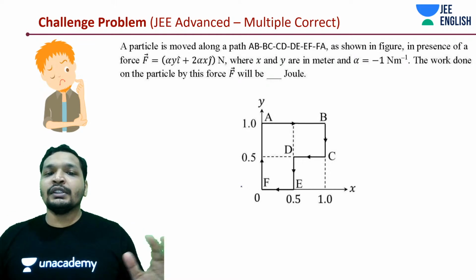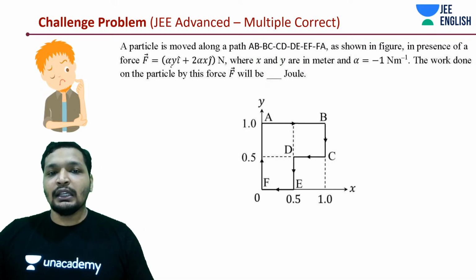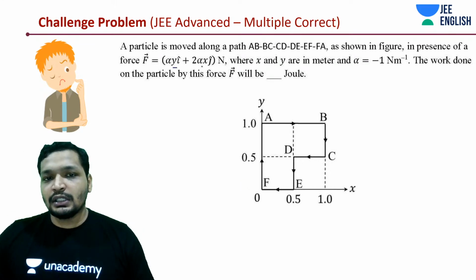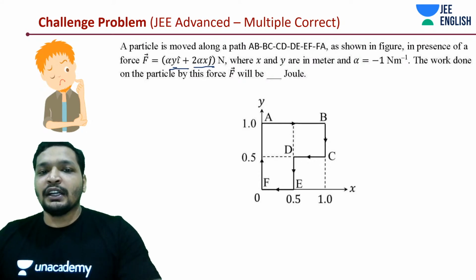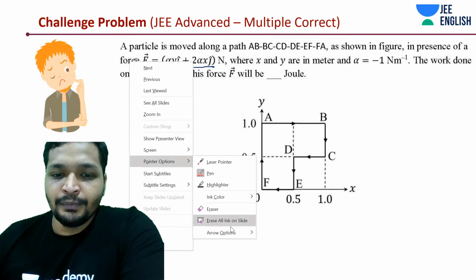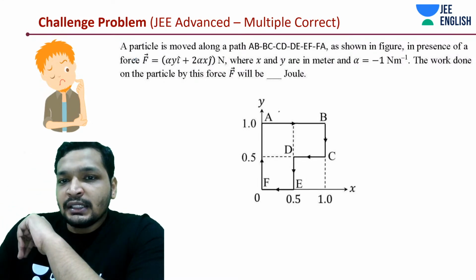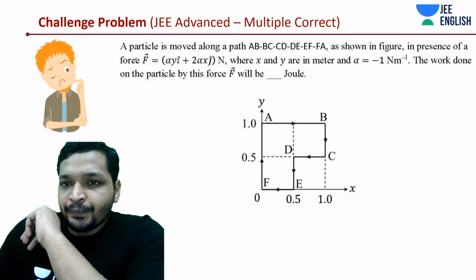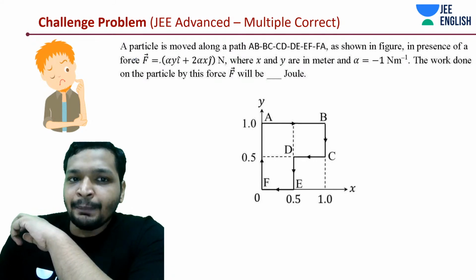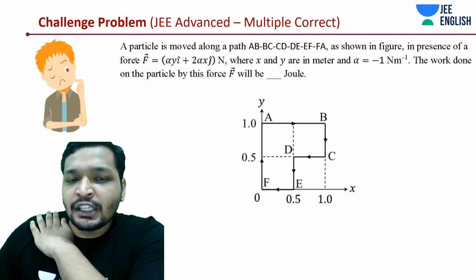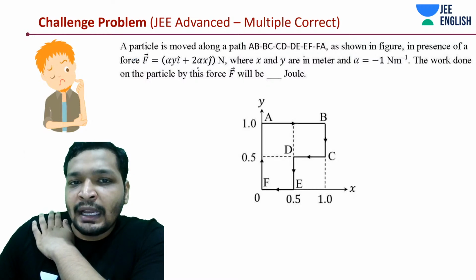So one thing you can do is, this entire thing is not conservative. If you notice this force, let's first understand how to work around this problem. A particle is moved on a path A, B, C, D, F, A in the shown figure in the presence of force F equal to alpha into y i cap plus 2 into alpha x j cap.